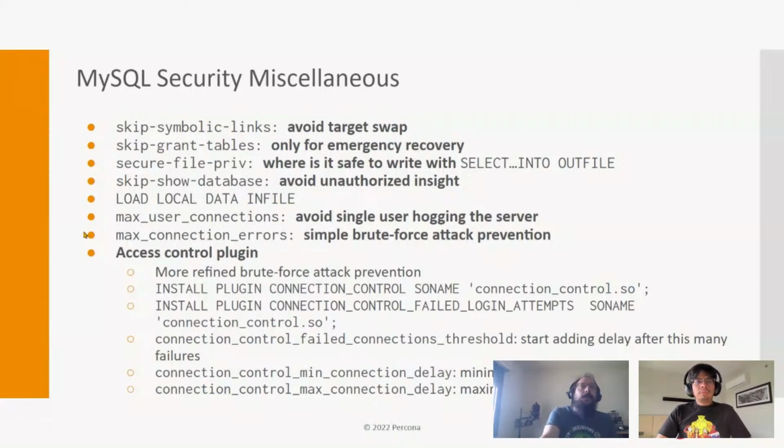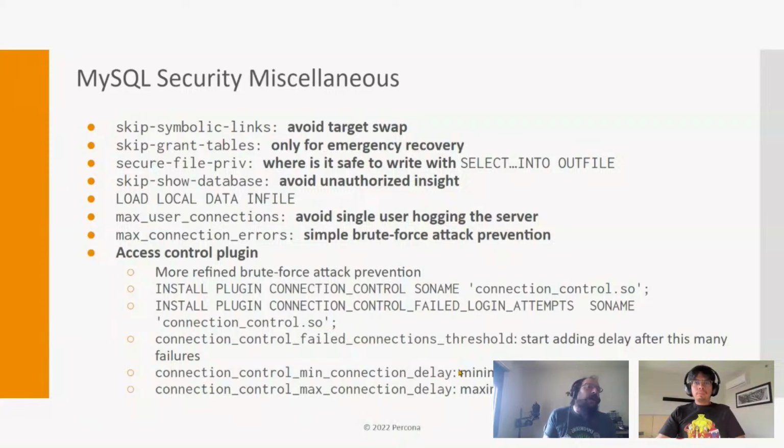Then we have the access control plugin, which is more refined. You can define how many connections before we start doing something. Then we add a delay to each connection attempt, and this makes brute force attacks virtually impossible, because brute force attacks rely on being able to try thousands or millions of passwords.